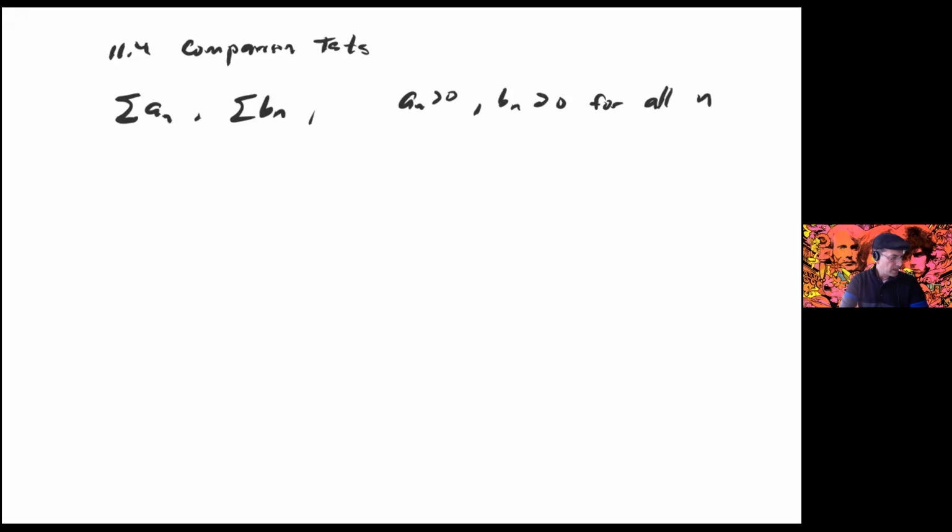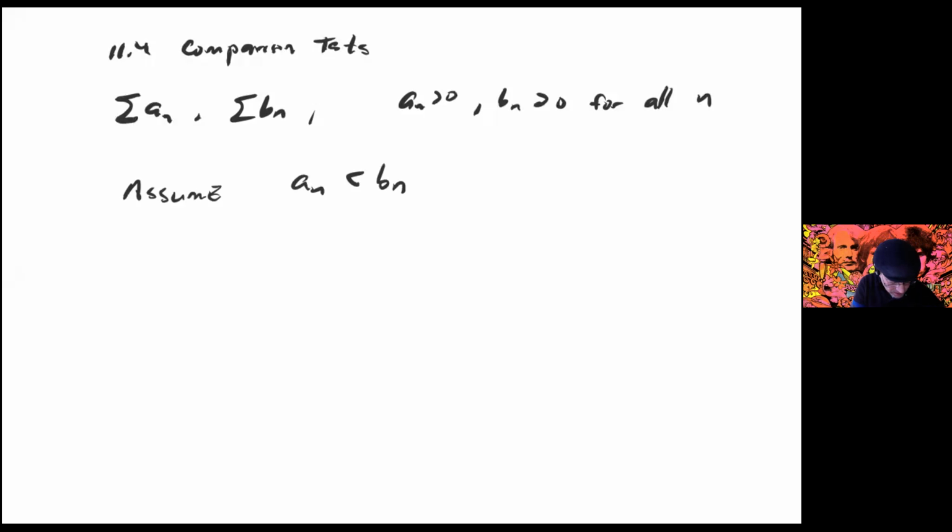So these are series with positive terms, and the condition for the comparison test is that we will assume A sub n is less than or equal to B sub n.